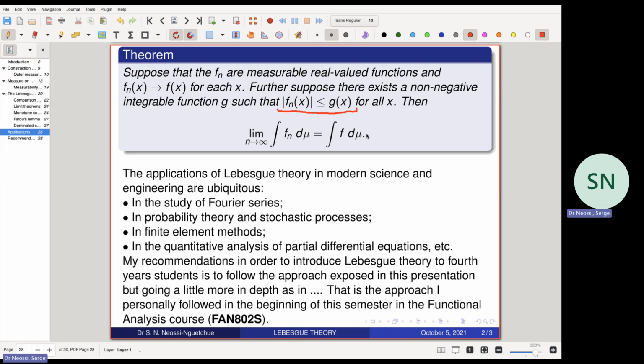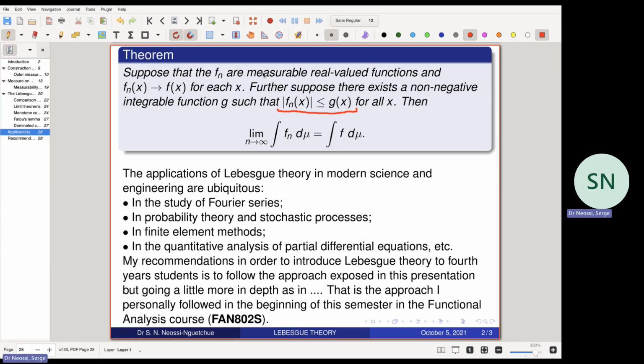So now if we compare this to the first and the third theorem, that is the monotone convergence theorem and the dominated convergence theorem, what do we realize? What do we notice? We have that in both theorems, the functions are non-negative and measurable. Not necessarily.